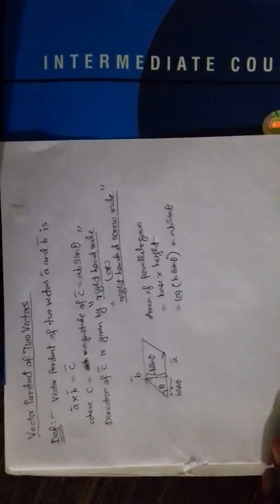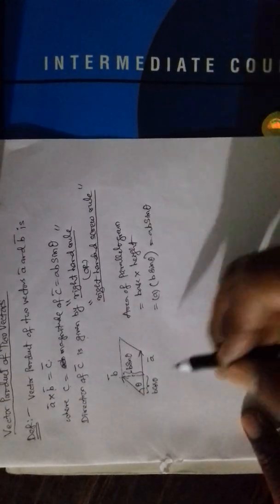So A cross B, or the direction of C, will be in this direction. Another right hand rule is there. This is A vector, this is B vector. Your fingers are curled from A to B. Then the thumb represents C vector, that is A cross B. So here, this direction is C.